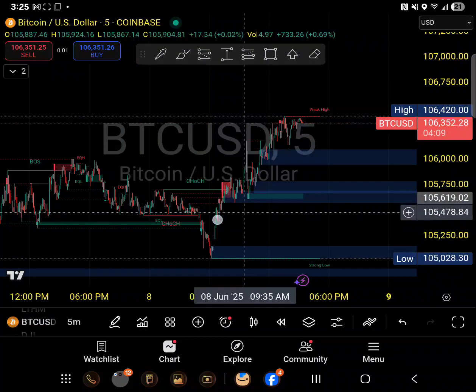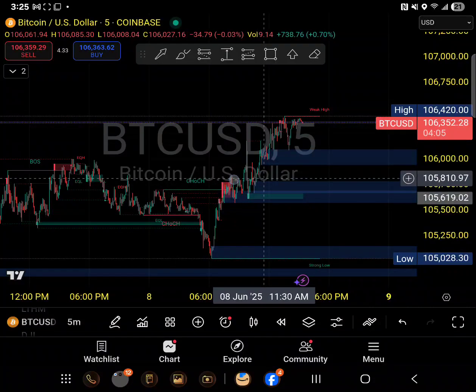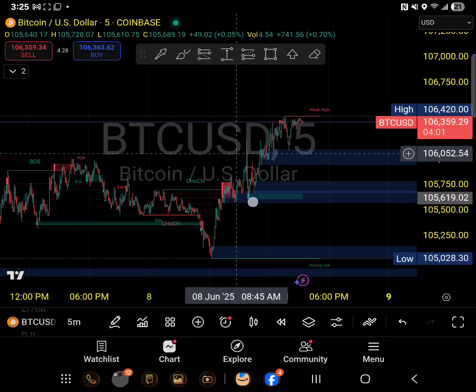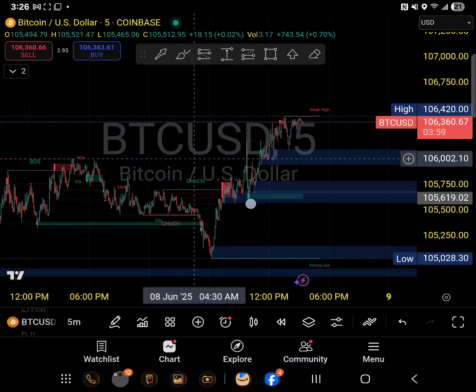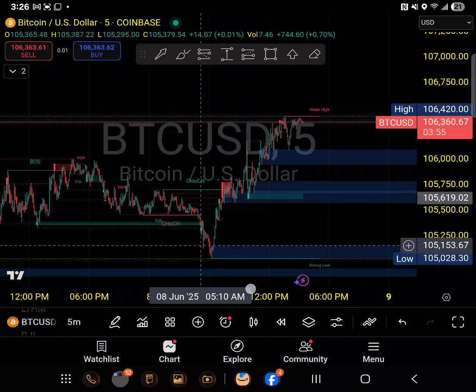It goes straight, and then straight two times, like this. If this zone breaks, you can see good selling until the 105,153 area.